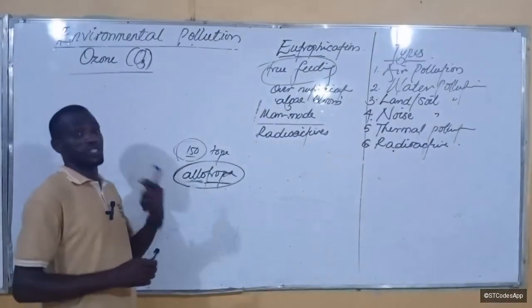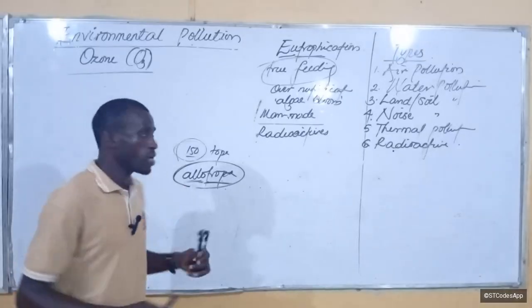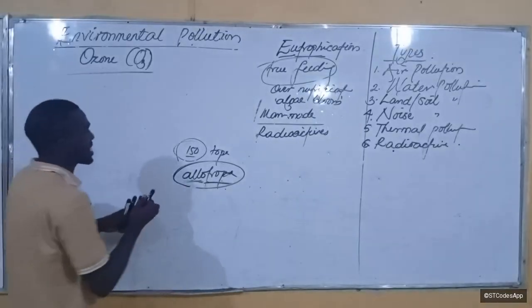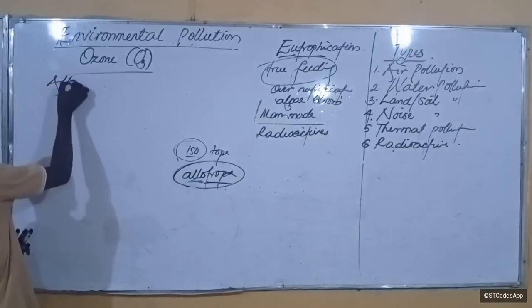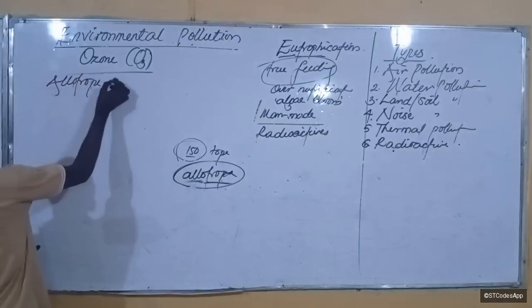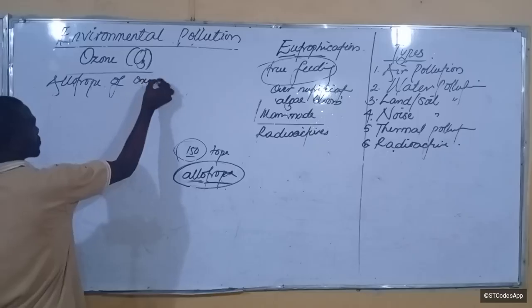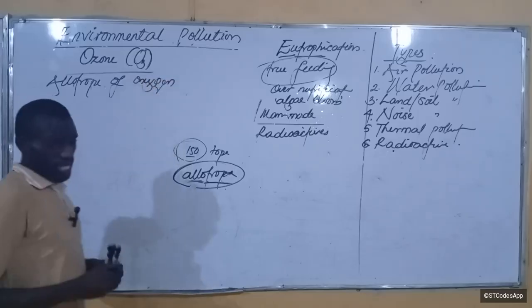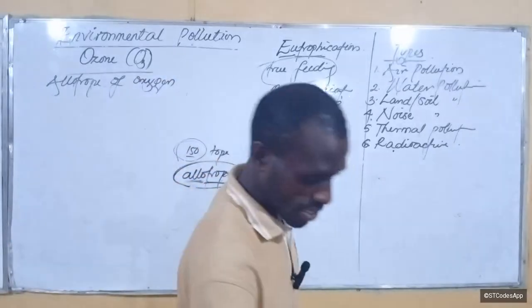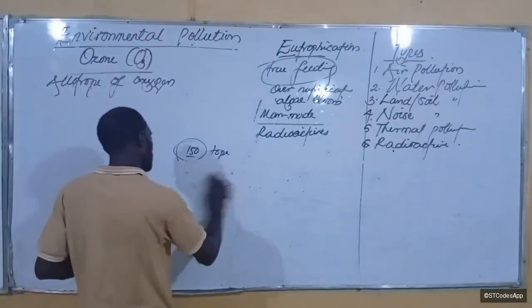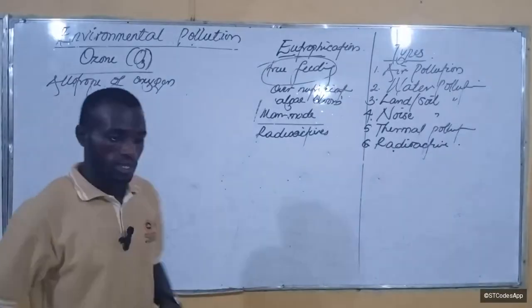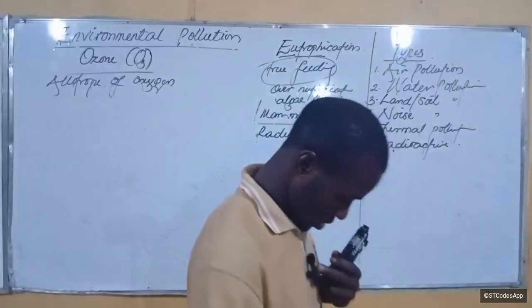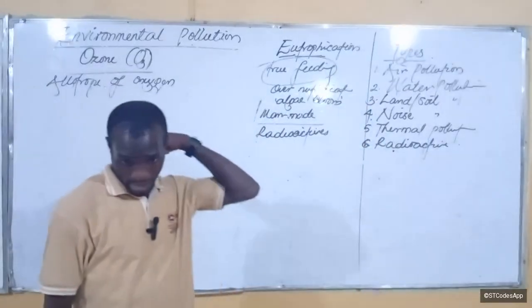So it is still the same physical state, but in different form. So ozone is an allotrope of oxygen. So basically, physically speaking, it is not very... what's it called now?